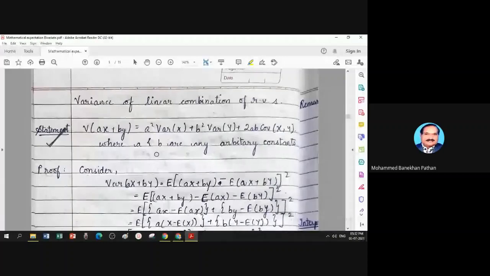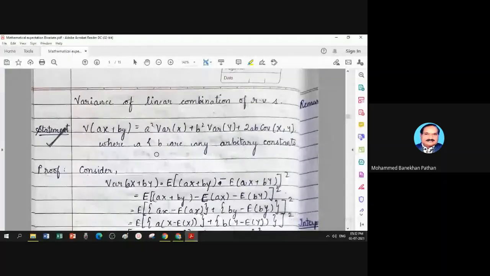So we'll try a very important topic, that is variance of linear combination of random variables.